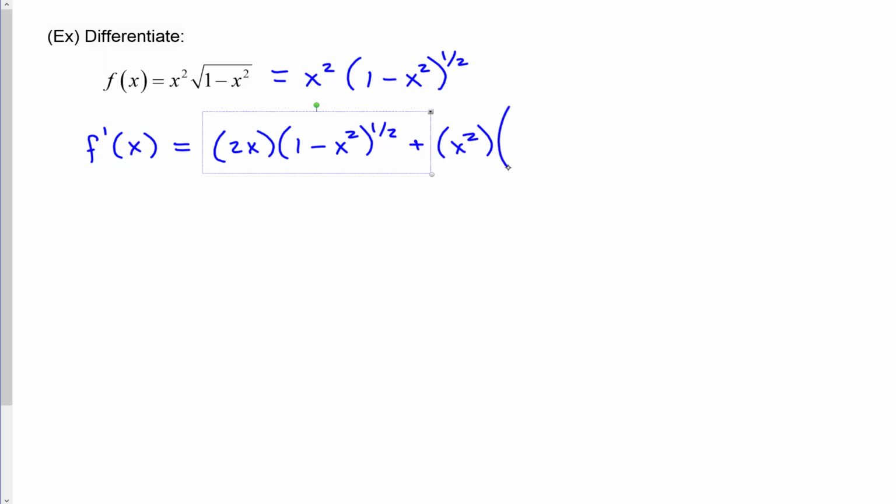The derivative of the second, using the chain rule, I would bring 1/2 down, leave the inside portion alone, subtract 1 from my exponent, so 1/2 minus 1 is negative 1/2, and then multiply by the derivative of the inside part, which is negative 2x. So there's my derivative. It isn't simplified, but that's where we're starting.